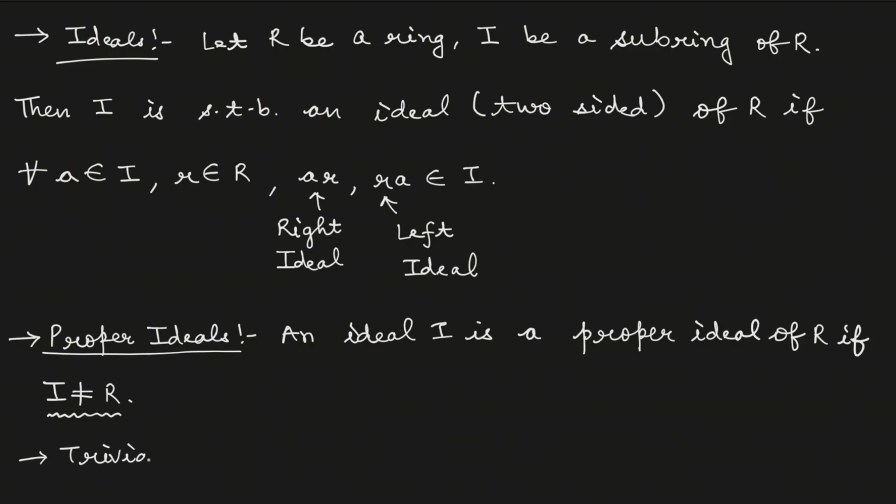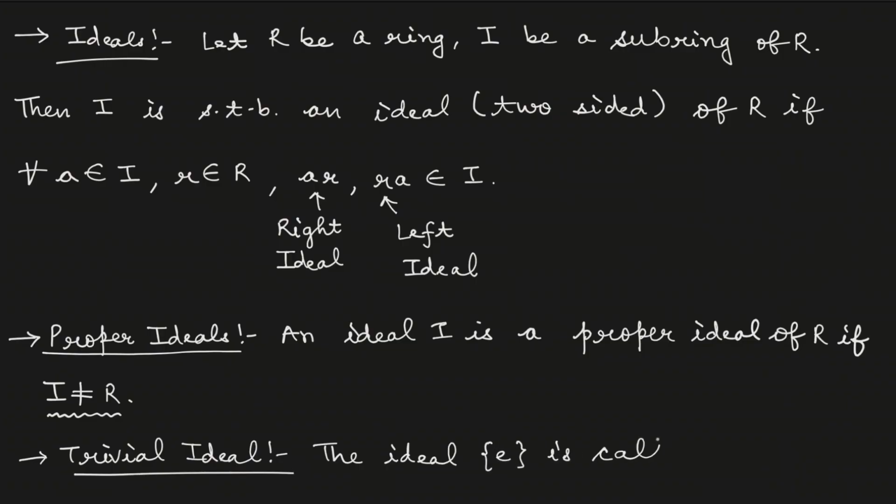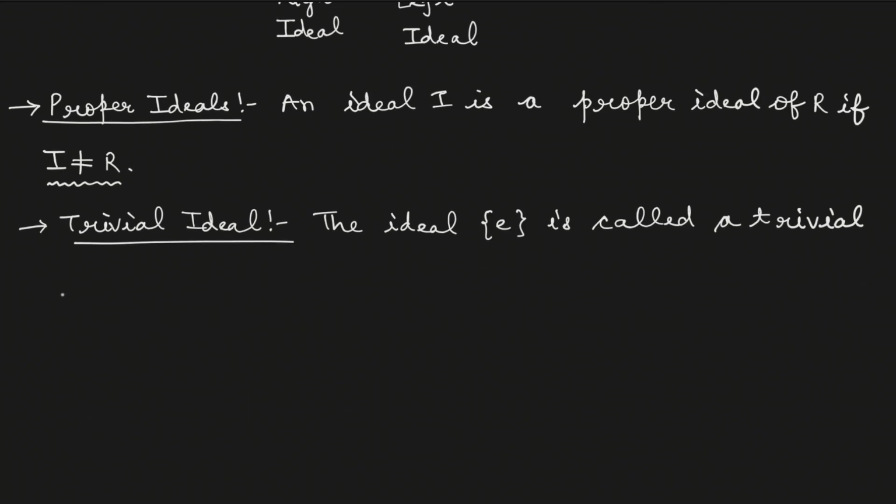Next is trivial ideal. The ideal singleton identity is called a trivial ideal of R. Improper ideal.